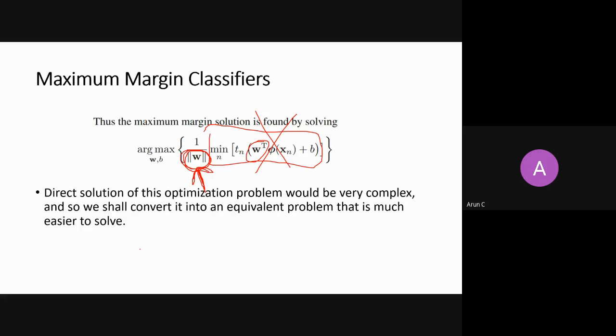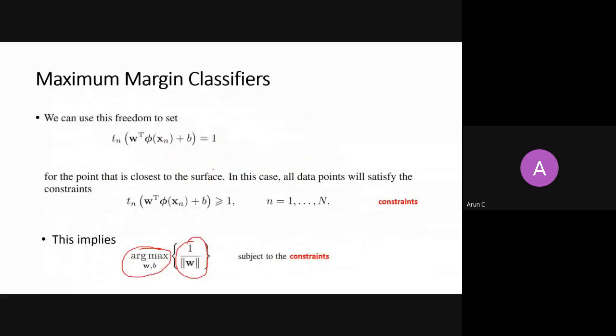If you remember my objective function, this is the second term that I now have to bring into the picture, to maximize over W, right? So to maximize over W, this is my new objective function, subject to the constraints.